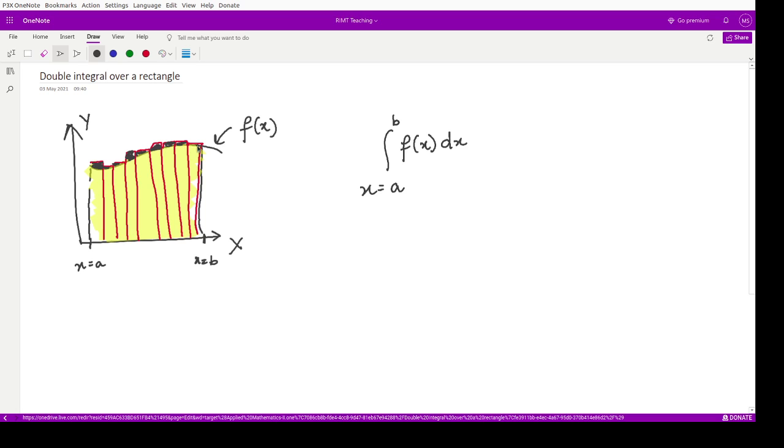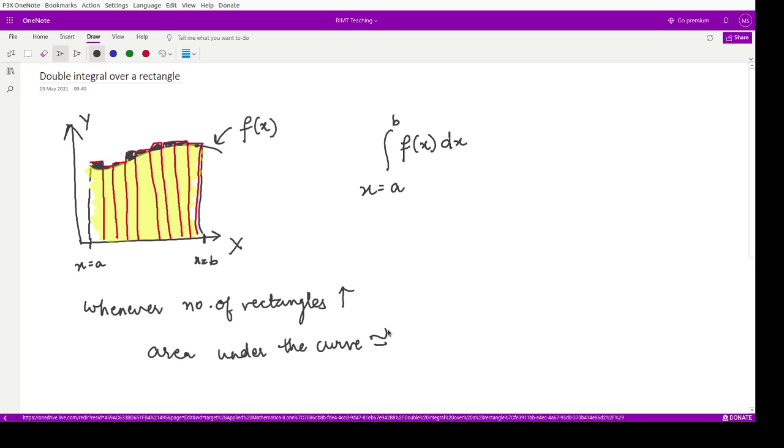So what exactly we are doing, we are approximating the area under this curve by calculating and adding all the areas of these individual rectangles, so that as the number of rectangles increases to infinity, the area under the curve is nearly equal to the sum of areas of all the rectangles.